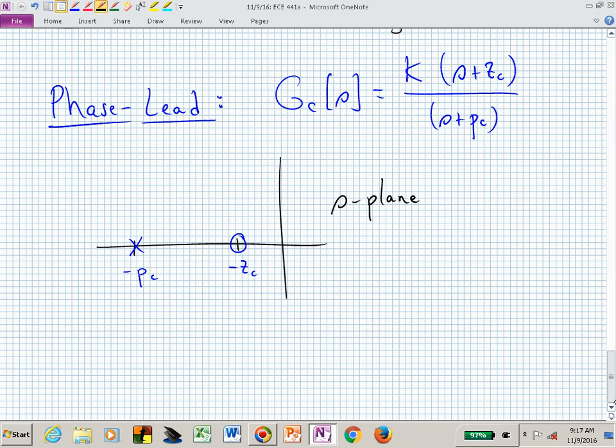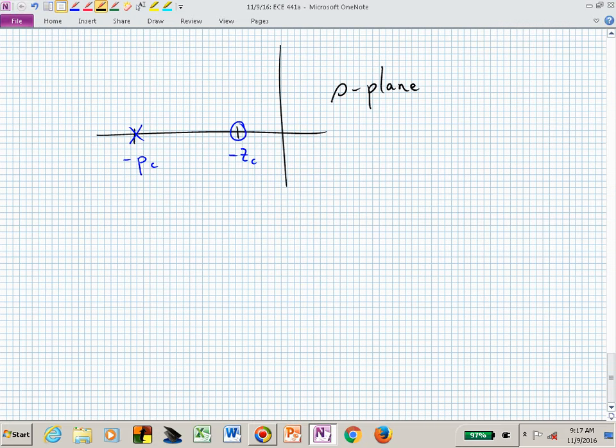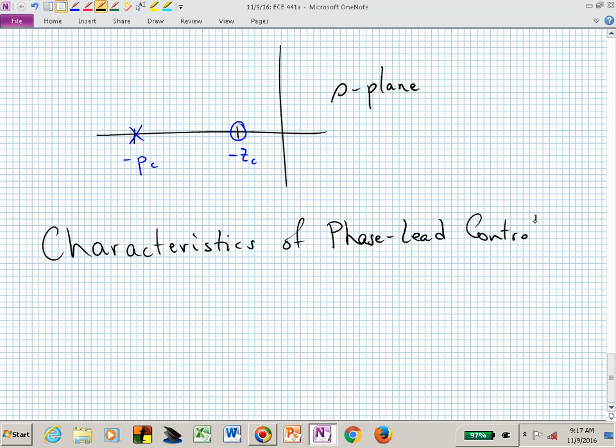And what are the characteristics? Why are we introducing this particular pattern of controller? What are some properties that we can now associate with the introduction of a phase lead controller? One is we may want to actually make our system faster. We may want to speed it up.